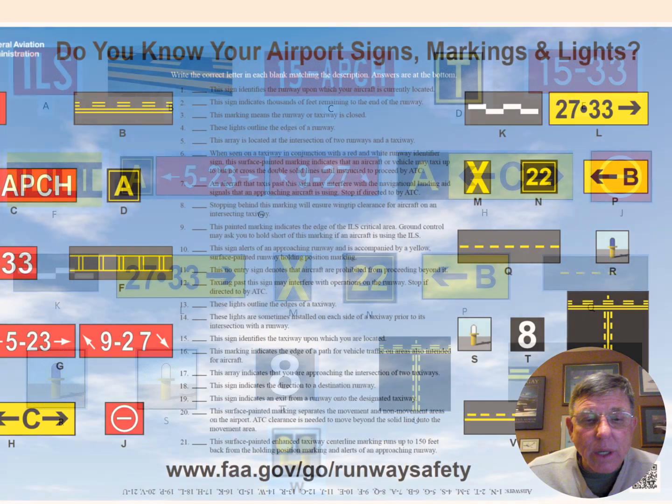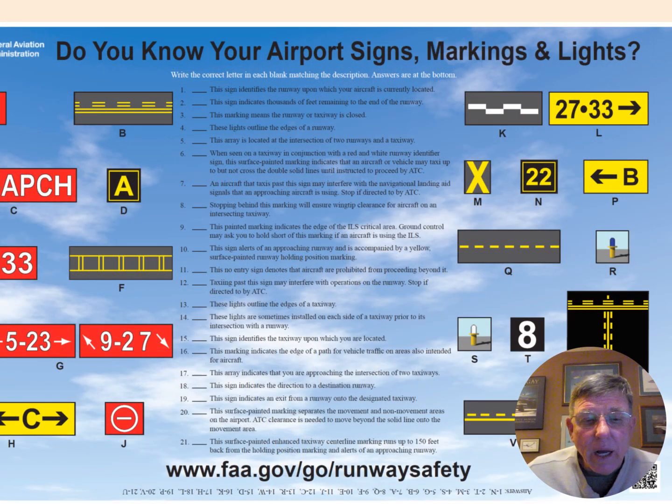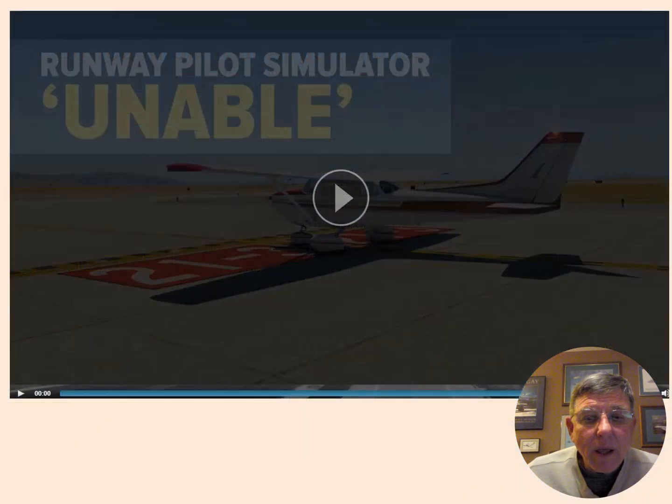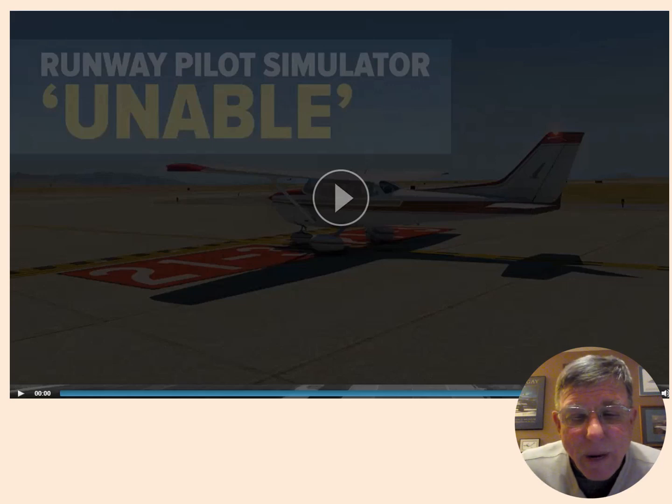To understand these signage and markings, on FAA.gov, runway safety, they have this placemat that you can go through, know your airport signs and markings. And I suspect this might have been a rental airplane. This comes from the FAA Runway Safety Office.